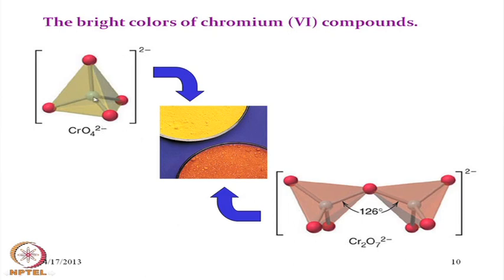Interestingly, this binding of chromium with 4 oxide anions, O2 minus, gives rise to the species CrO4 2 minus, with 4 chromium oxygen bonds. These oxide anions form the corresponding complexation with chromium, and chromium is in +6 oxidation state, and this +6 oxidation state is stabilized only in an environment where 4 such oxide anions are present.